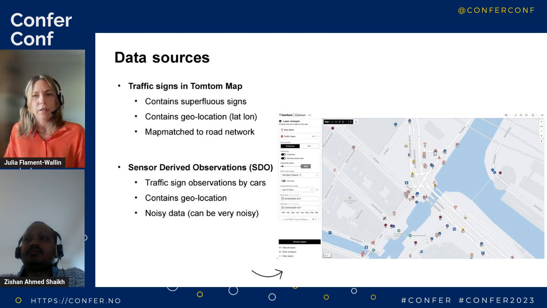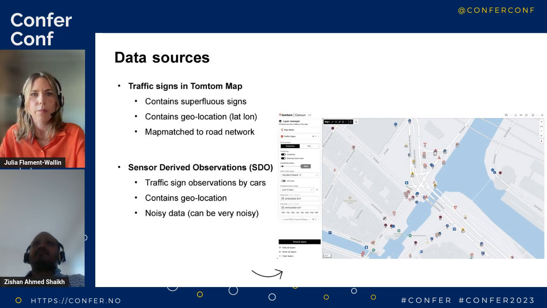Right, so a little bit about our data sources, the data we use for this problem. The traffic signs in the TomTom map contain sometimes superfluous signs, sadly, signs that should be removed. They contain a geolocation, and they are matched to the road network.